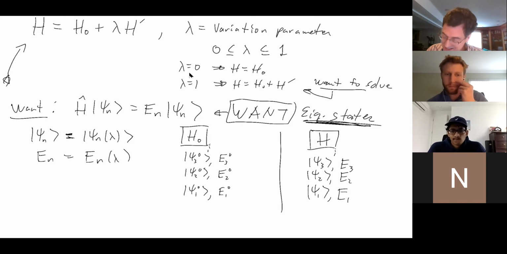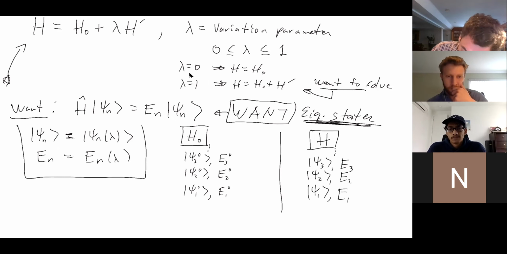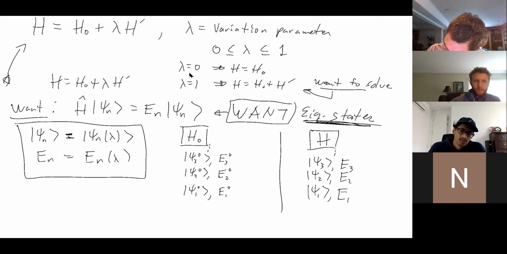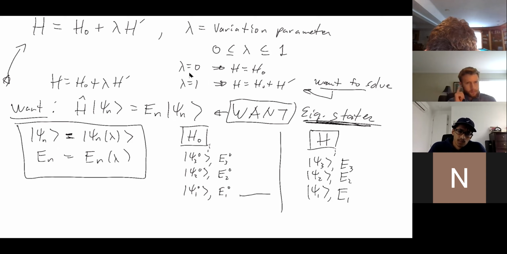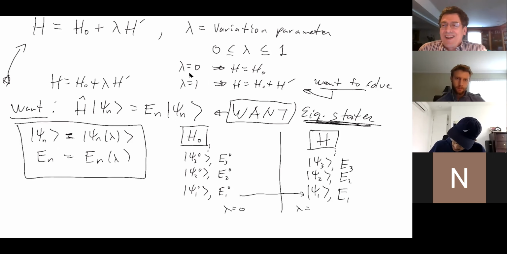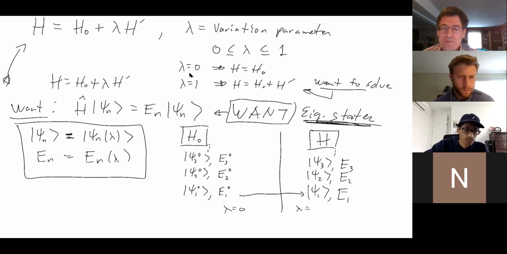So these are the unknown ones. If I define my Hamiltonian as H naught plus lambda H prime, and if my eigenstates and eigenenergies are functions of lambda, then as I vary from lambda equals 0 on the left to lambda equals what on the right? 1.